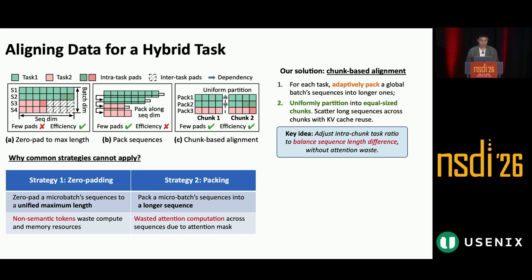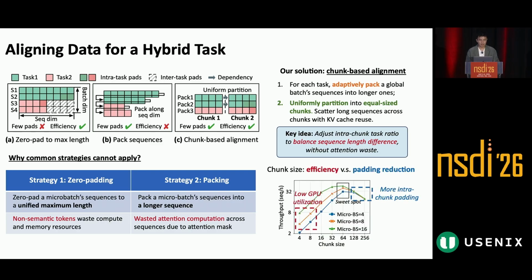Then we uniformly partition those packs into equal-sized chunks. The key idea here is that we can adjust the intra-chunk task ratio to balance their sequence length difference, without any attention waste, because each chunk would only have one or a partial sequence.